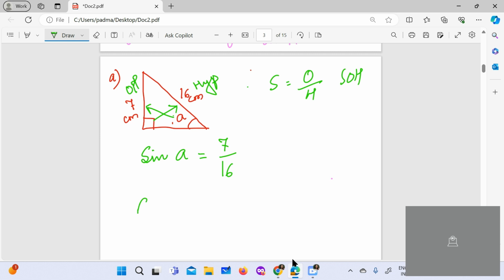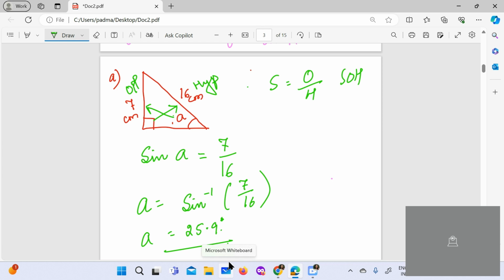You write A is equal to sine inverse of 7 over 16. And now you can input all this value in your calculator and you can figure it out. So that will give you 25.9. So see, we got this angle. Angle A is equal to 25.9 degrees. I hope this is clear to everyone.